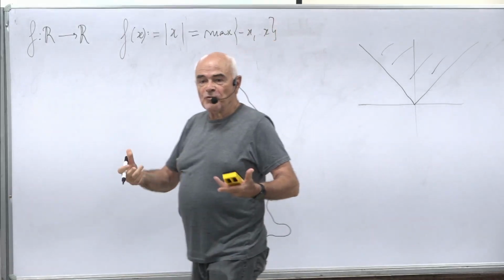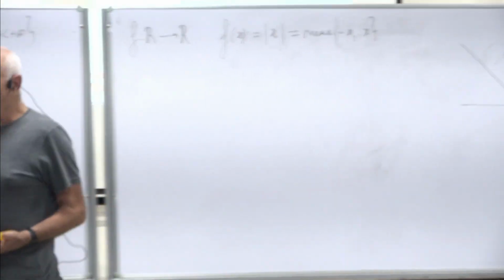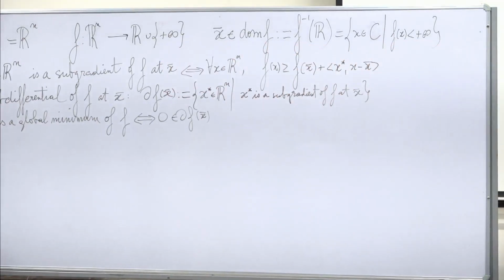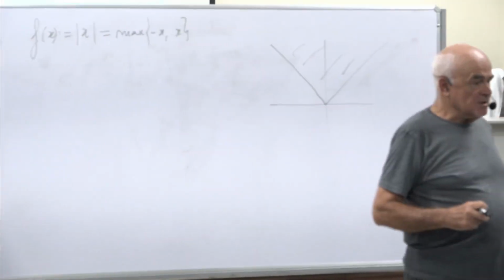It's the maximum of two linear functions. Then it is convex. It's the maximum of convex functions. And it's differentiable except at the origin.